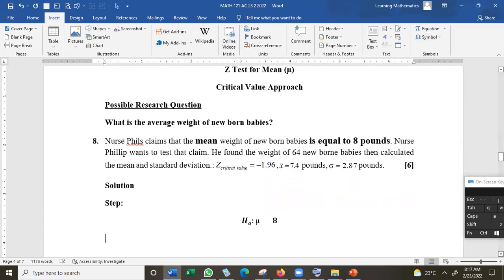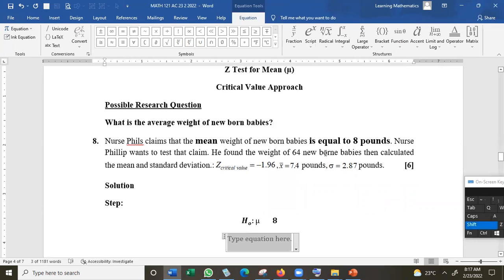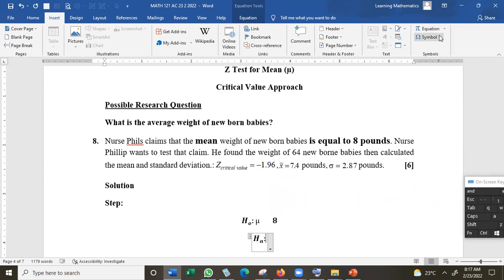Then you have the HA, colon, the symbol for mean. We have to put a symbol there and 8.